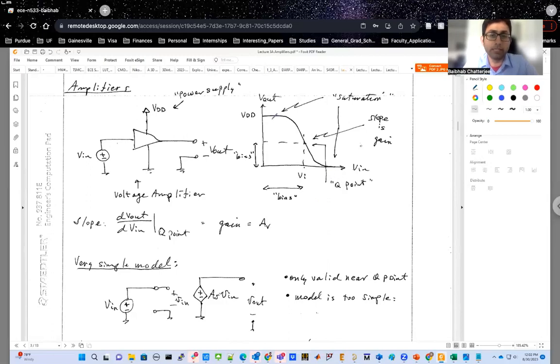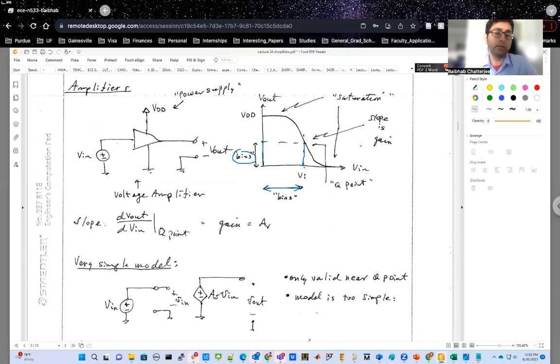Now, this is again the VTC, or the voltage transfer characteristic, that we had looked into. And the bias points are mentioned here. So for example, this is the bias that you have at your output side, and this is the bias that you have at your input side. So your input voltage that you're applying will have this much amount of DC voltage plus a small AC voltage on top.